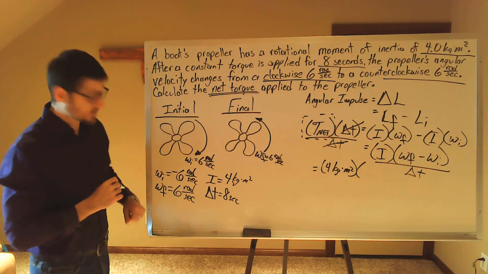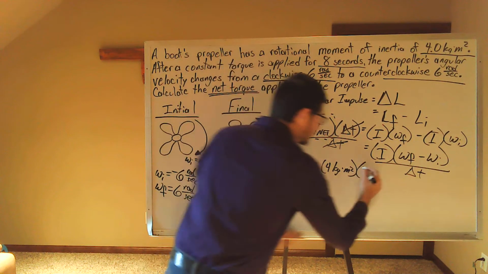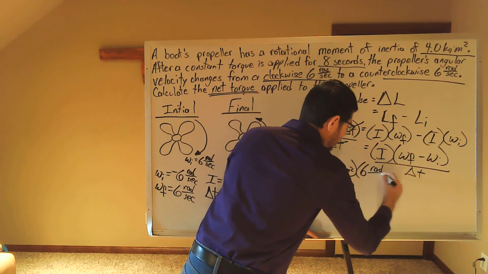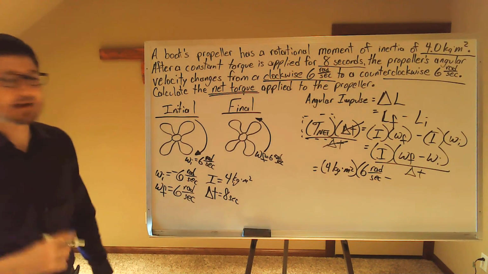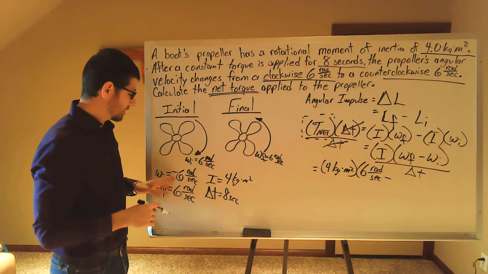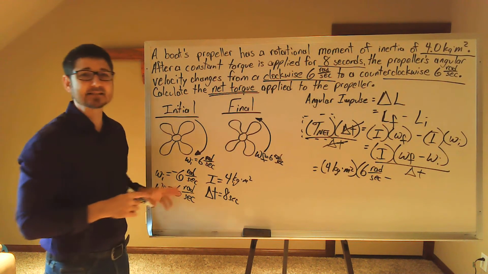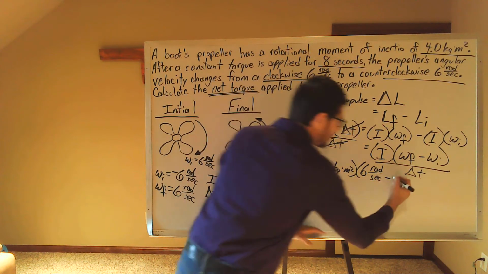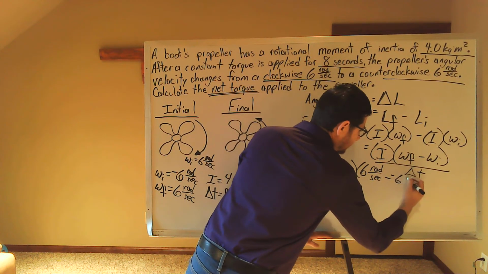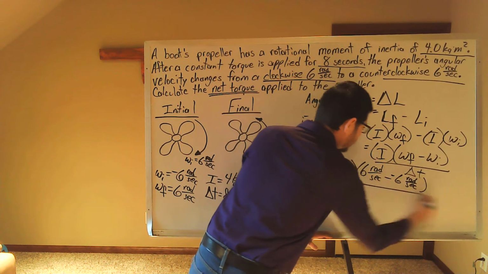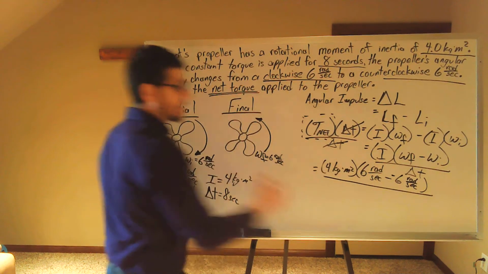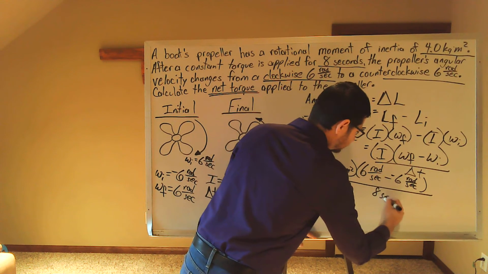So we have a positive 6 radians per second. And we're going to subtract our initial angular velocity. Well, our initial angular velocity is negative 6 radians per second. And we're going to divide by a time of 8 seconds.